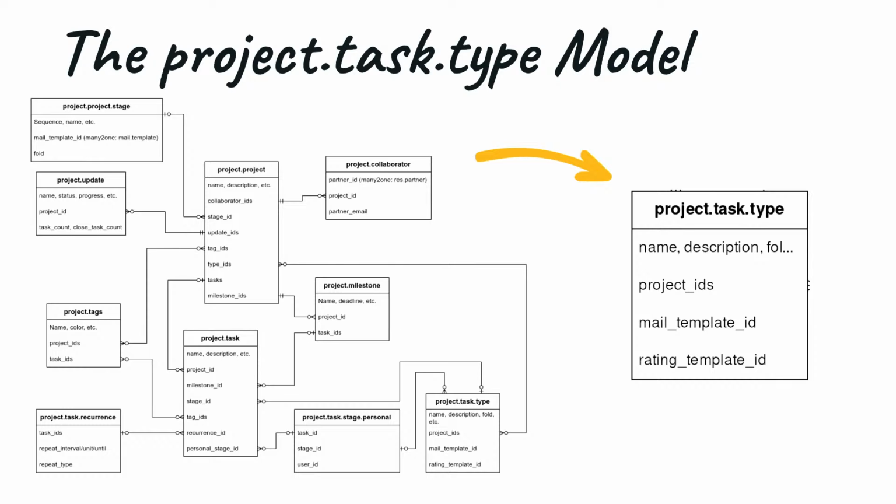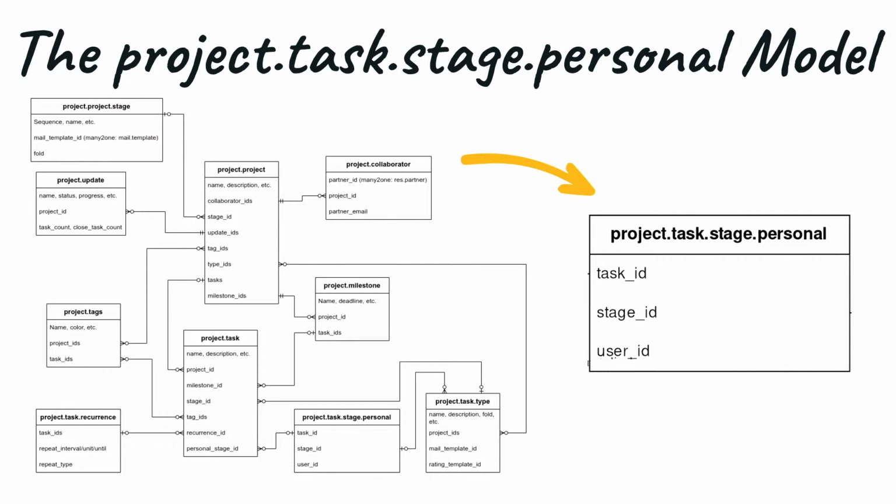And it also has a mail template ID, as we saw with the project.project.stage model. But now it also has a rating template ID, which is very similar to the mail template ID, but is used for a feature where when a task reaches a stage, an automatic email about ratings can be sent to the partner, to the customer, whatever it has been set up.